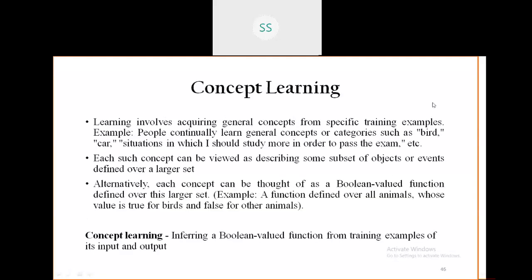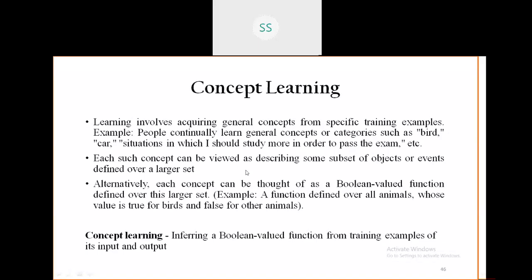And the next concept we are talking about is concept learning. Concept learning involves acquiring general concepts from specific training examples. For example, people continually learn general concepts or categories such as bird, car, and situations in which I should study more in order to pass the exam, etc. That is, there are some concepts, right?